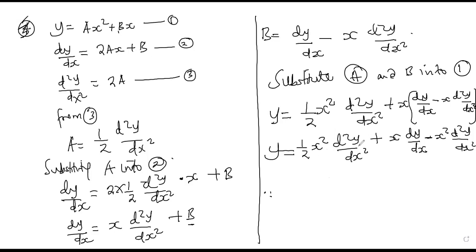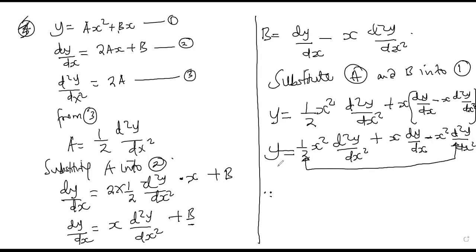Yeah, a half x squared the 2y dx squared, x squared the 2y dx squared. So when you get a half minus 1, you get negative, right? So allow me to say that this is the same as this, and this will form negative a half, because I'm getting a half x squared, I'm subtracting x squared, so it will form negative a half x squared.